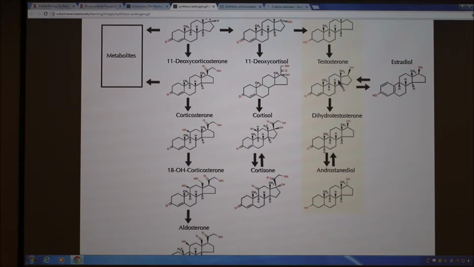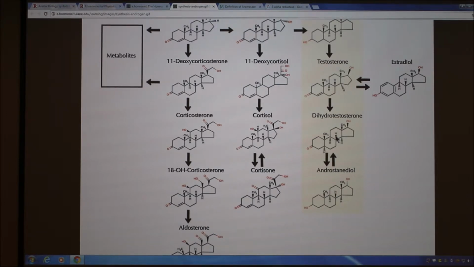Then, testosterone could also be shuttled to dihydrotestosterone. And dihydrotestosterone is an androgen. And it's more powerful than testosterone. And the prostate likes dihydrotestosterone. So the prostate is one of the male accessory sex glands that enlarges in old men and old dogs, right?